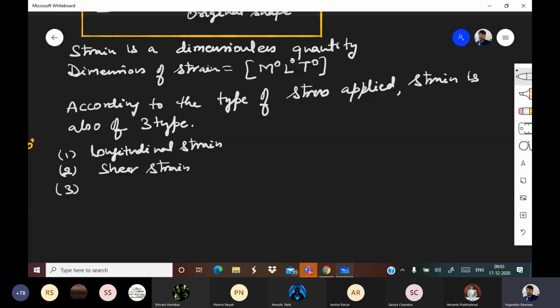And number three, volumetric strain. So according to the type of stress applied, strain is also of three types. Number one, longitudinal strain. Number two, shear strain. Number three is volumetric strain.